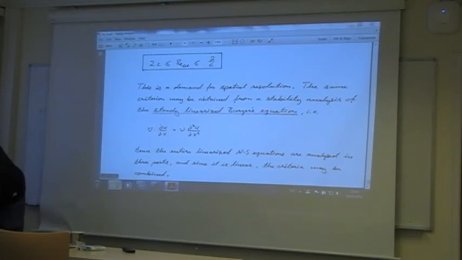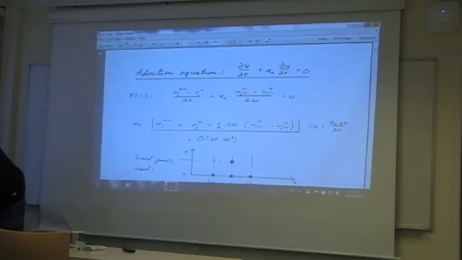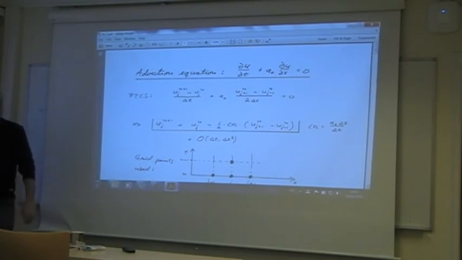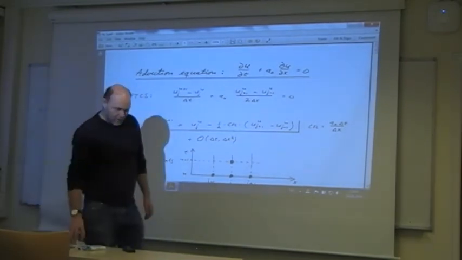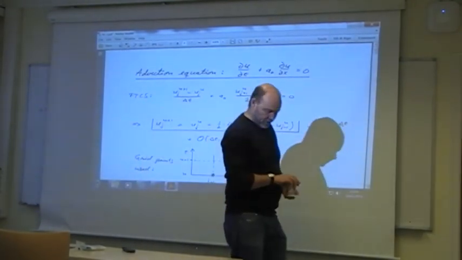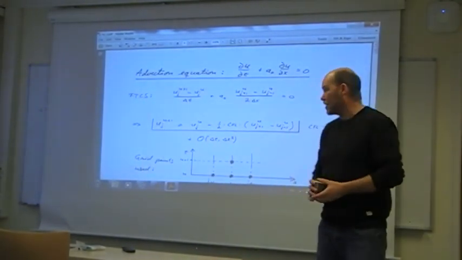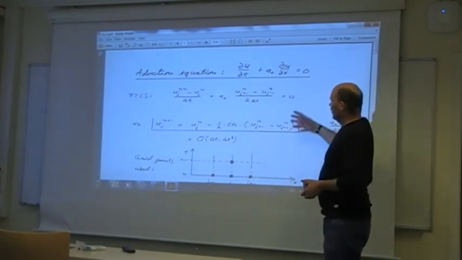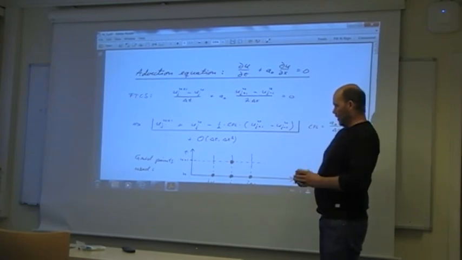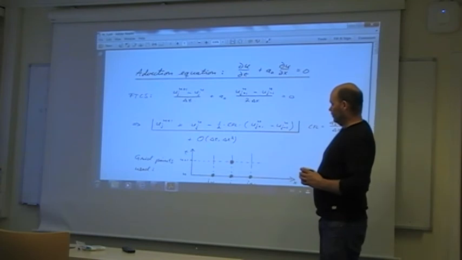For now we jump further and have another peek at this advection equation. That one was unconditionally unstable. It exploded no matter what you did using the FTCS scheme, and we found that by using the max-min method, which you now can see here.